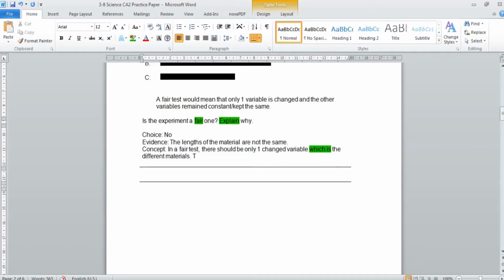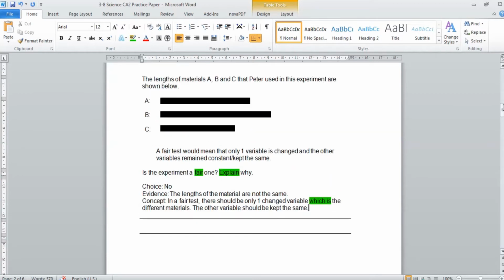Then we will say the other variables should be kept the same. That's all. Now, in this case, must we have any comparison? CECC, the last C is compare. No, we don't need to compare because we are not talking about material A versus material B or versus material C. We're not trying to compare anything.